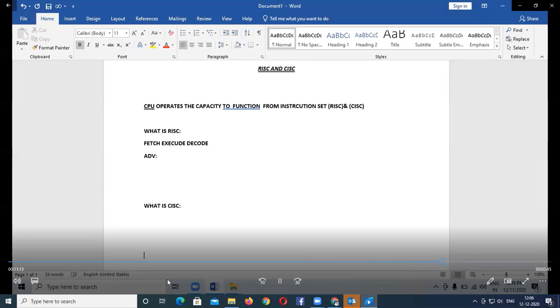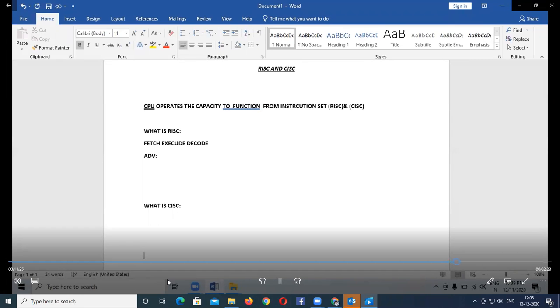Okay, and RISC has hardwired unit programming, and CISC has a micro programming unit. So RISC has hardwired programming unit and CISC has micro programming unit.